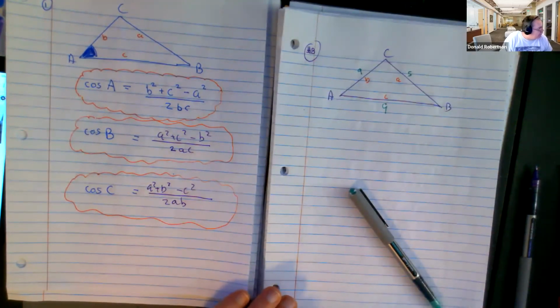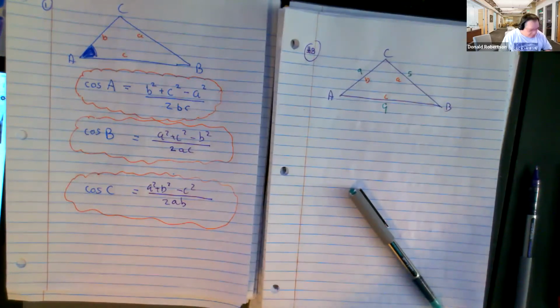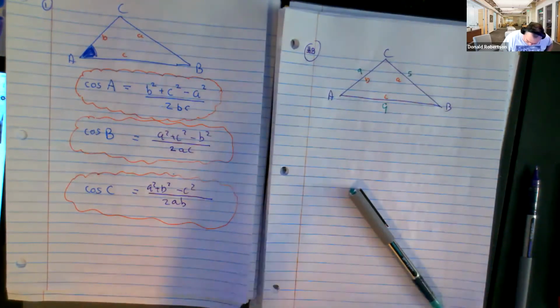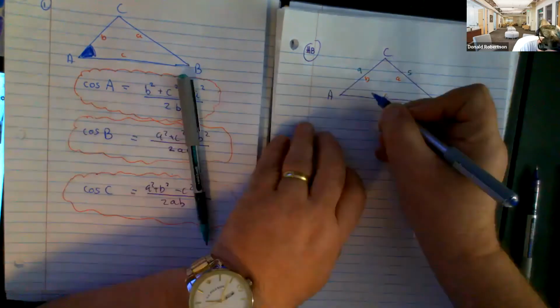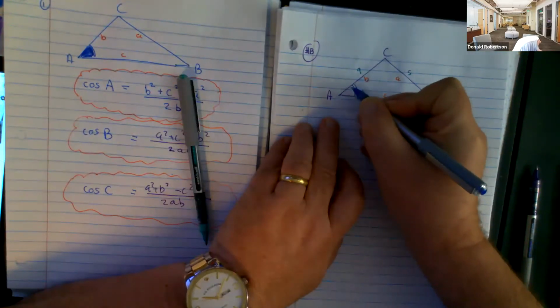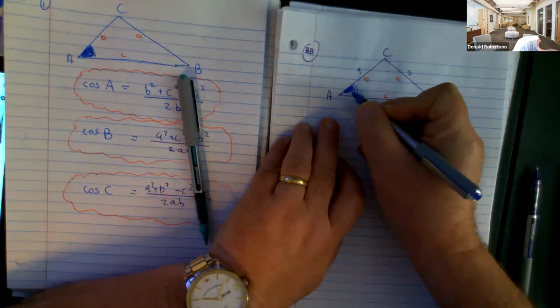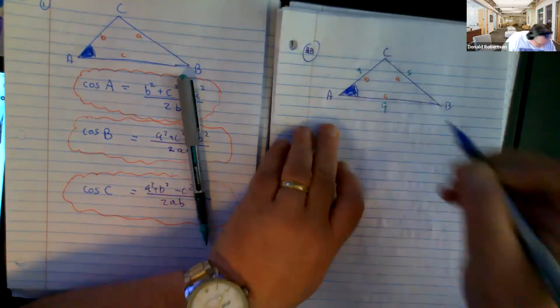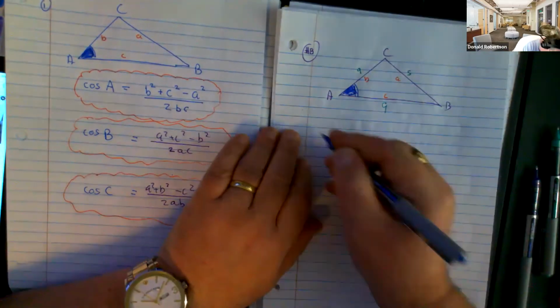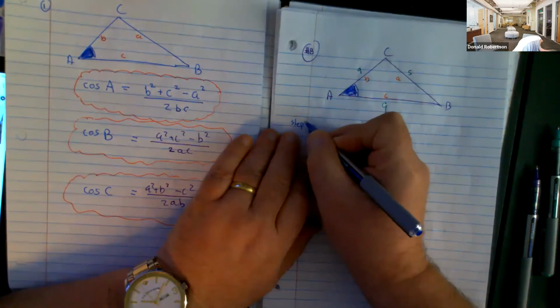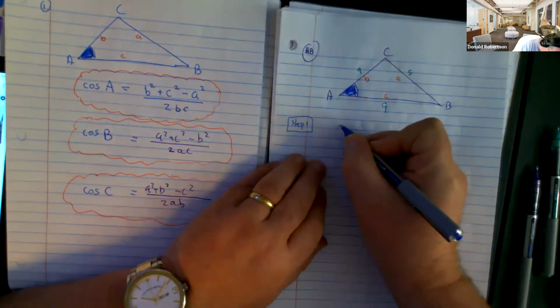And we're being asked to find a missing angle. Let's say it's this one, angle A. So step one is choose the right formula.